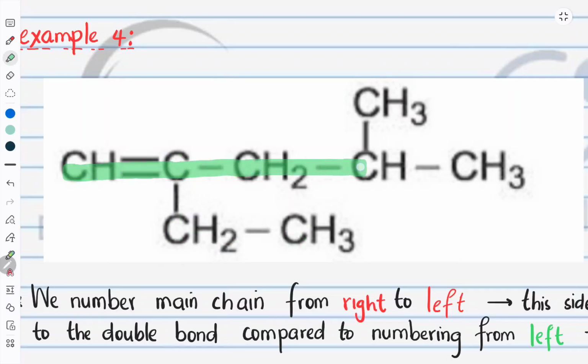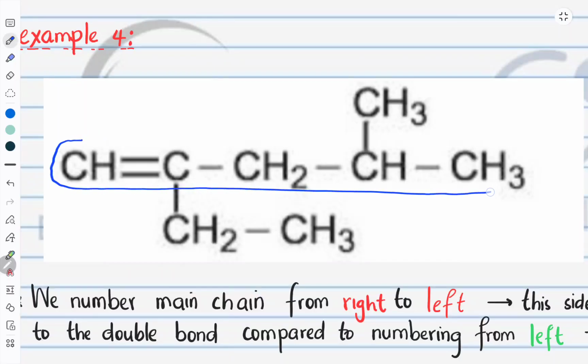1, 2, 3, 4, 5. So I can either go with the straight one or the L-shaped one, but you know me, I'll pick the straight one. I'll pick this one. Why? Because it's convenient.